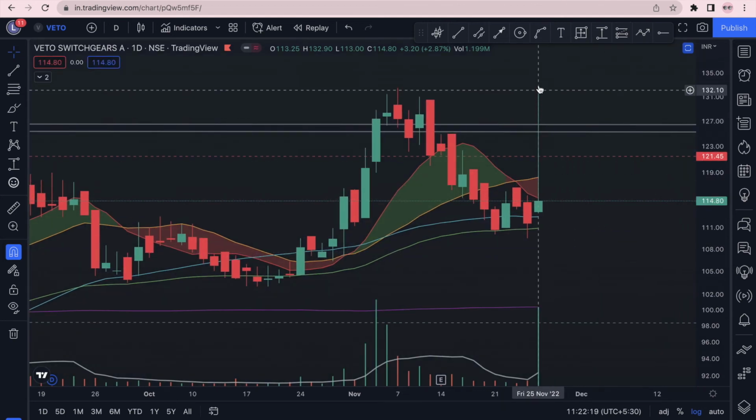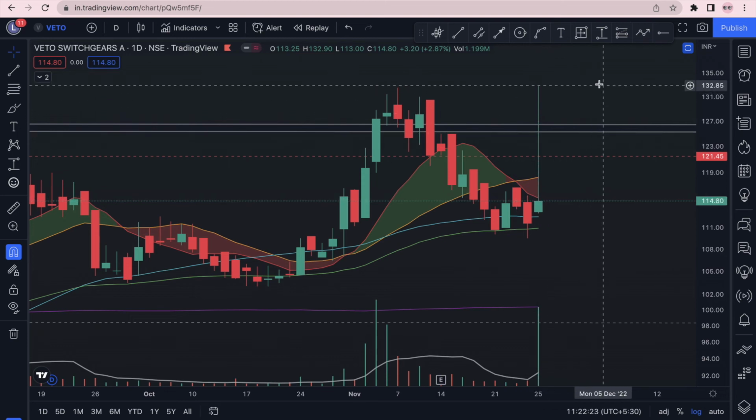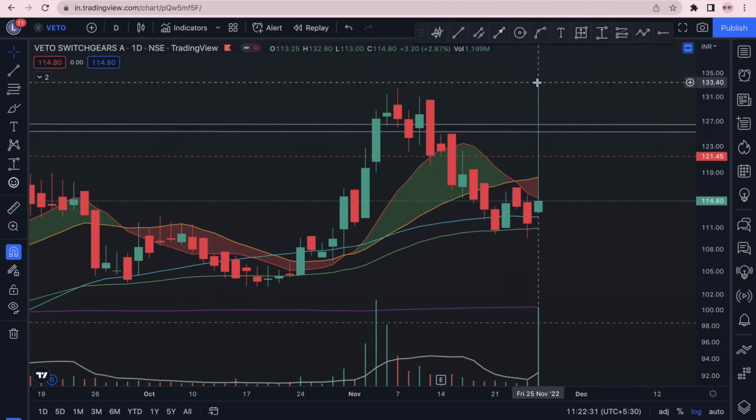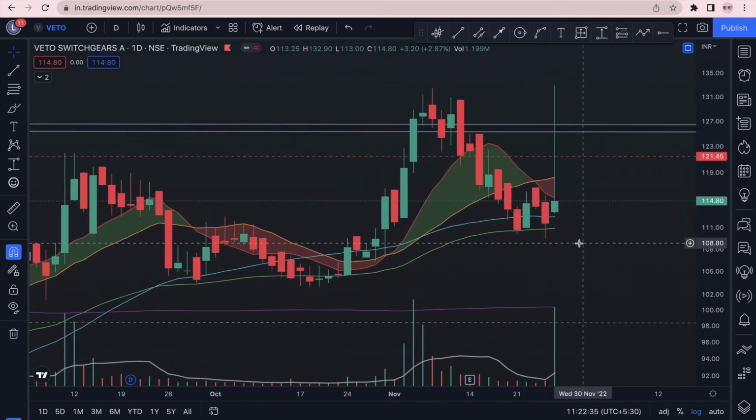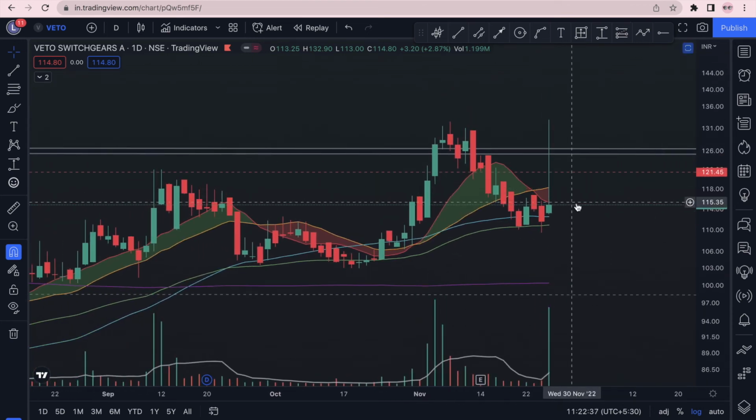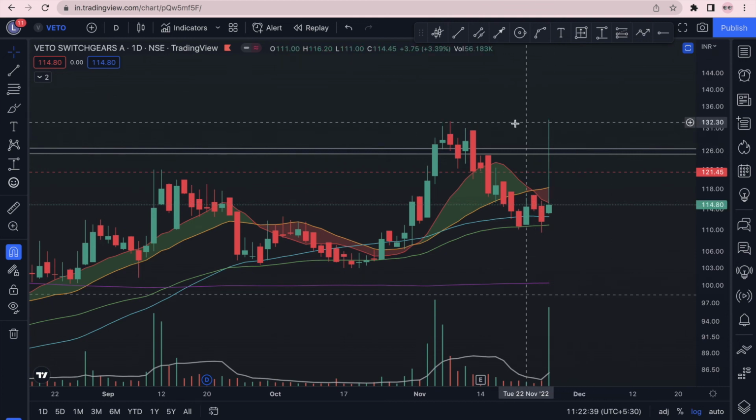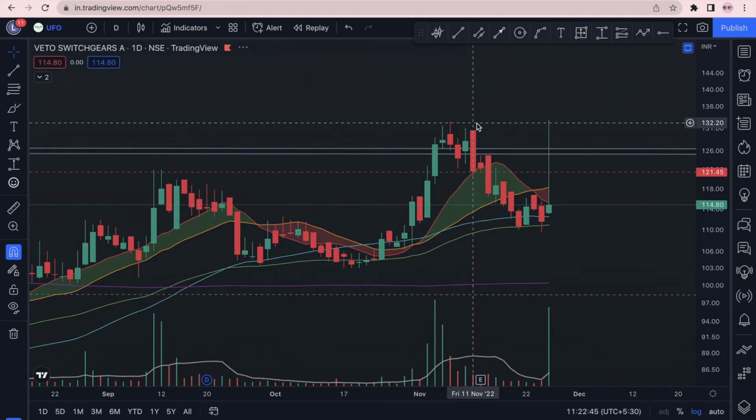Can you see, like, the bulls took the price to 132 from 112, and then the bears again put the stock back to its place. I mean, obviously it can go back up, but this would mean that this zone of 132 is a zone where sellers are quite in control, right?